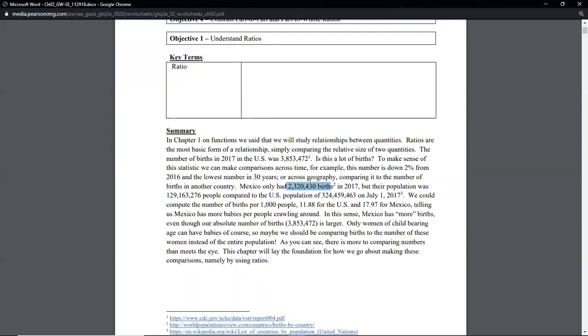But when you start looking at their populations, the US in 2017 had a population of 324 million, whereas Mexico had almost 200 million less people. So 200 million less people, and yet the birthing rate was only 1.5 million less. I need to be more specific than that.